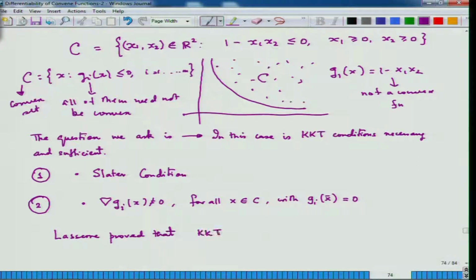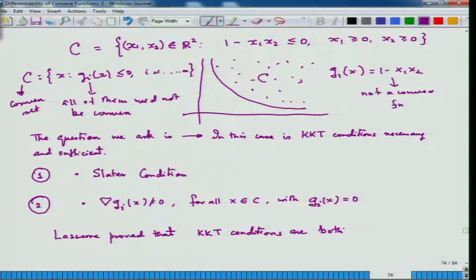KKT conditions. So, this condition is called a non-degeneracy condition. The KKT conditions are both necessary in this situation.